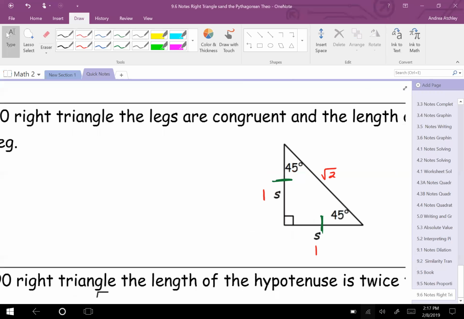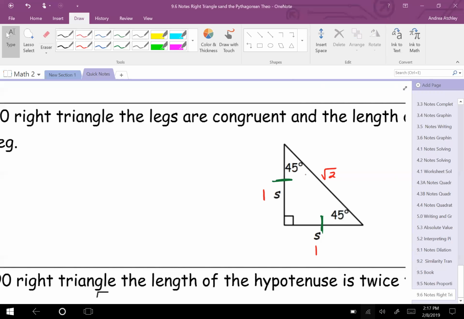So if this side is 5, what would this be? 5 times square root 2. So if this is 5, this is 5 times square root 2. That makes sense?